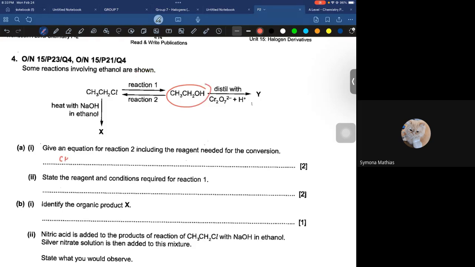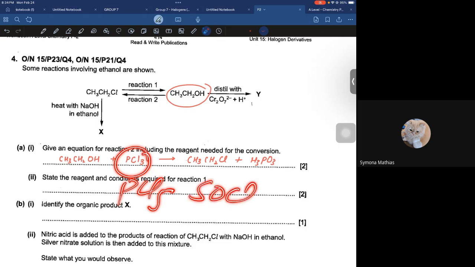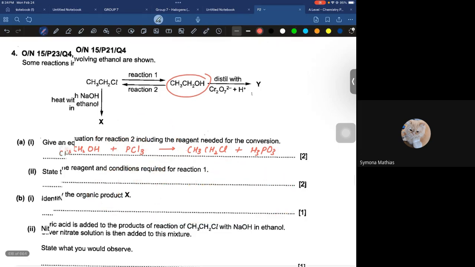So I have CH3CH2OH. It's going to react with PCl3. It's going to give CH3CH2Cl and H3PO3. If you want, you can use PCl5, or you can use SOCl2. They all are going to substitute this OH by chlorine.